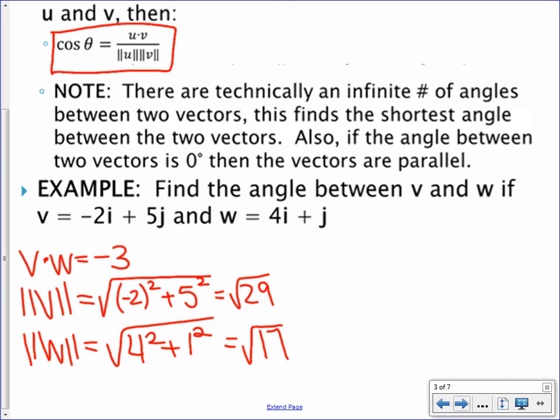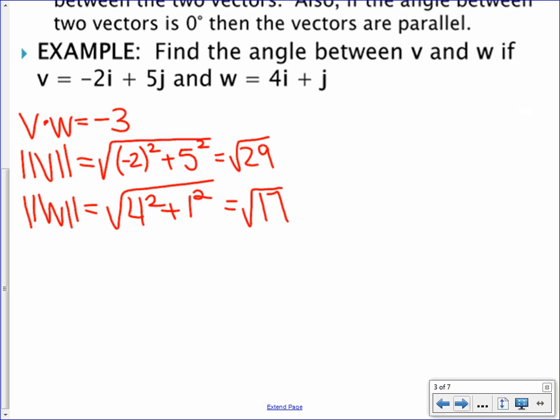So now, the cosine of this angle in between our two vectors is the dot product, so -3 over square root of 29 times the square root of 17.